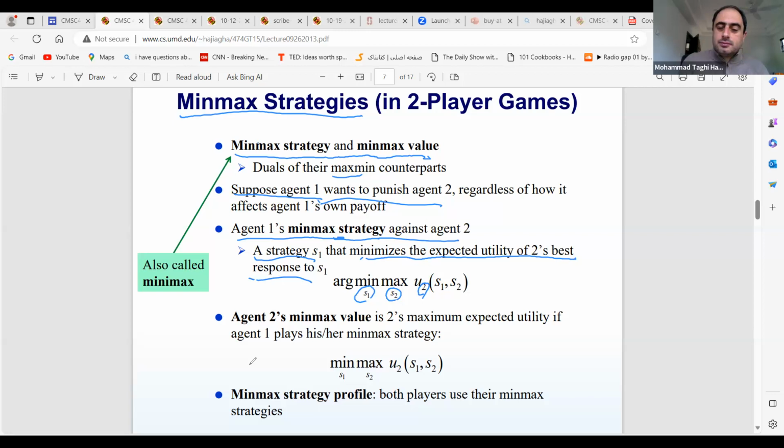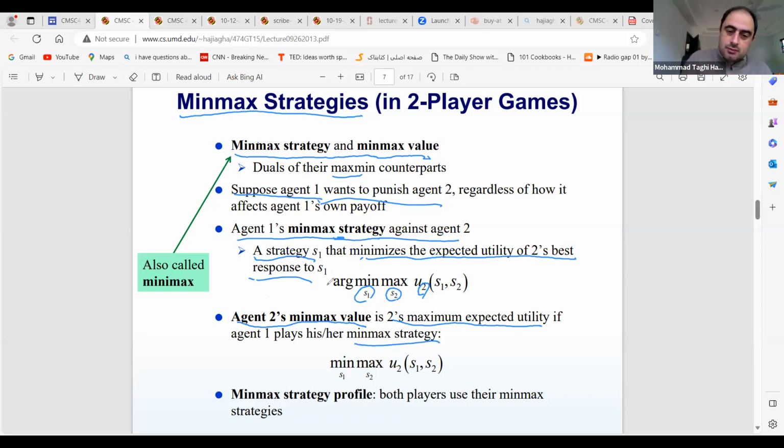So here, agent 2's maximin value would be the value of 2's maximum expected utility if agent 1 plays his or her own min-max strategies.